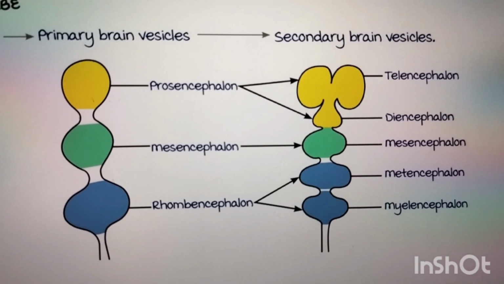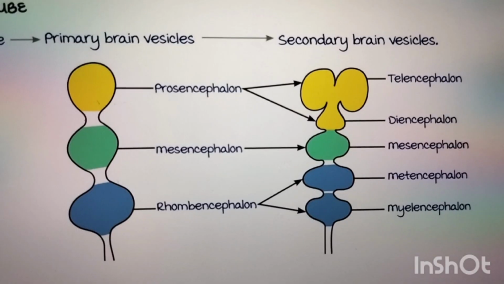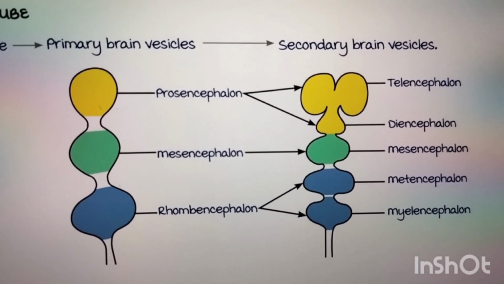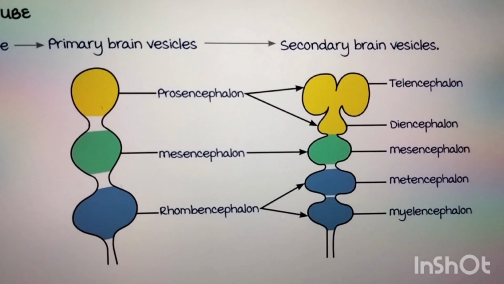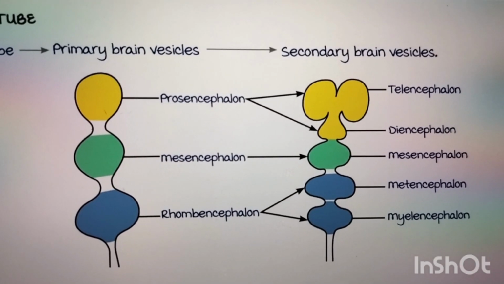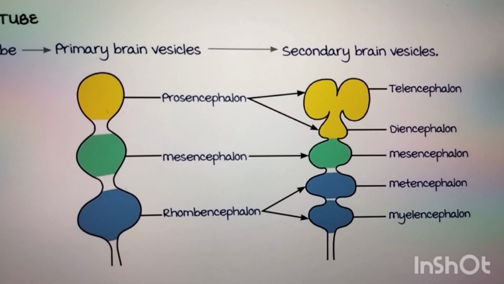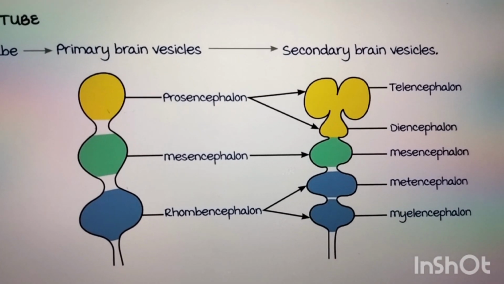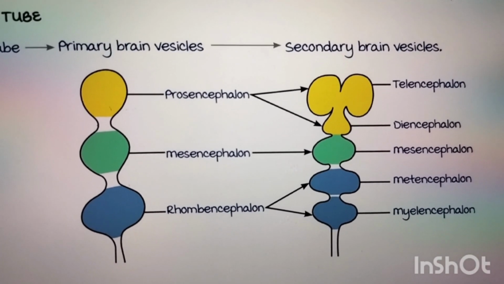Optic stalk means optic nerve and retina, and the neurohypophysis, which means the posterior pituitary, is also derived from the diencephalon.